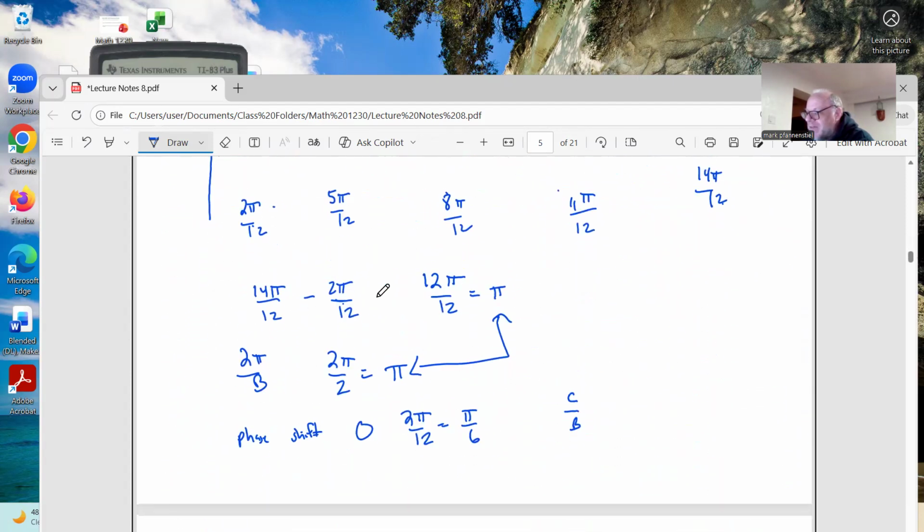So pi over 3 divided by 2, pi over 3 times 1/2, invert and multiply, gives me pi over 6. So I also know what my phase shift is, knowing where I should have started, 0, and where I actually started, pi over 6.